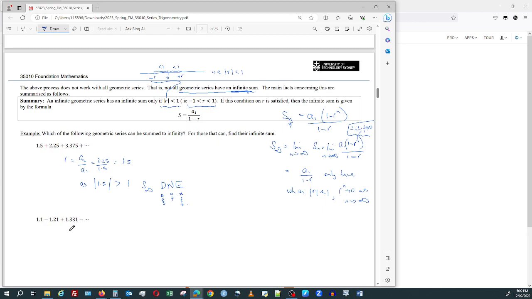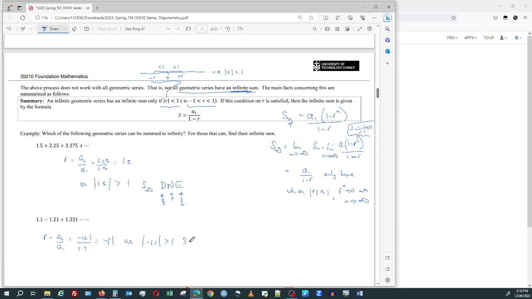So the next one is the same thing, r. So therefore, minus 1.21 over 1.1 is minus 1.1. So the absolute value of minus 1.1 is in fact greater than 1.